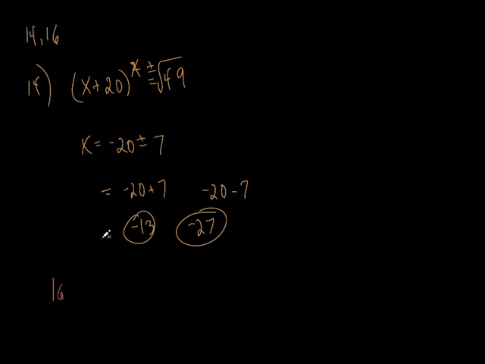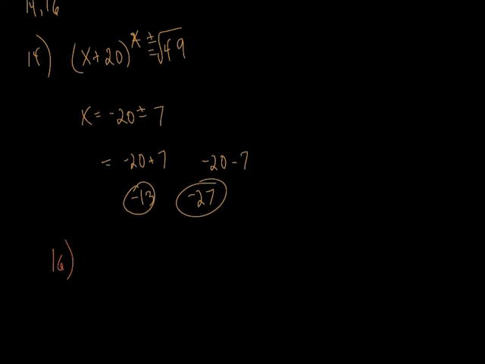16. Oops. Oh, that color doesn't look much different, does it? Alright, let's take a look at 16. Completing the square again. Now they use a t. I don't like to work with t. Do you mind if I change it to an x? Minus 5 equals 0.